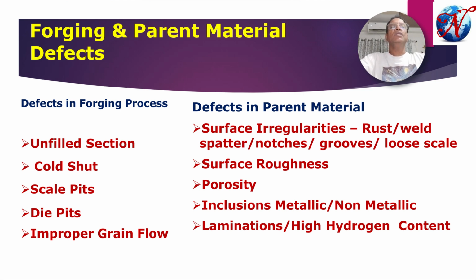And during parent material inspection, surface irregularities, spatters, notch, surface roughness, porosity, metallic or non-metallic inclusion, lamination, and hydrogen, if the hydrogen content is very high and hydrogen embrittlement is there, can be identified according to the selection of proper NDT.